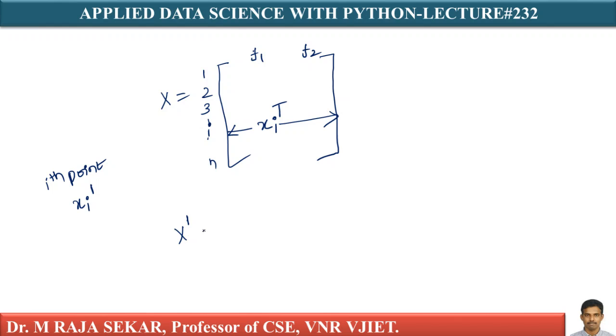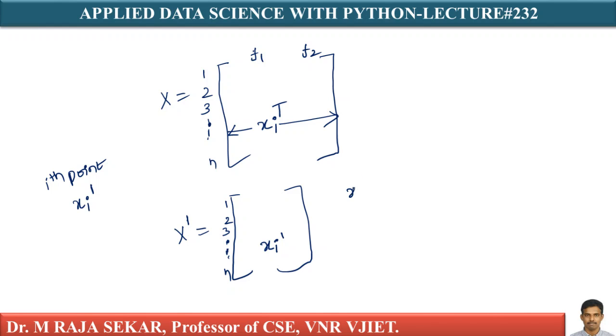How will I get xi dash? Let me say 1, 2, 3, and so on. There are n points, and this is the ith one, xi dash, with only one feature, only one column.